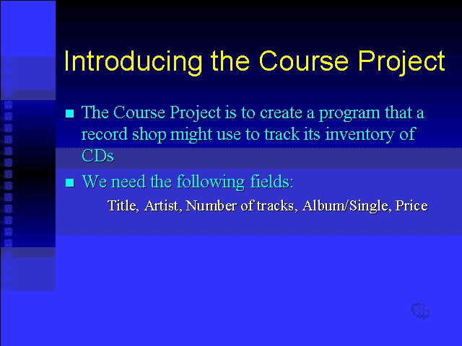And these are the pieces of information we need to track about each CD. But in the beginning it's only going to be one CD. So you can declare a variable for each of these fields, read that information into the field, and then print the information back out. That's all I want the program to do at this point. Declare the fields, read information in, print information out, and close. That's it. That's all.